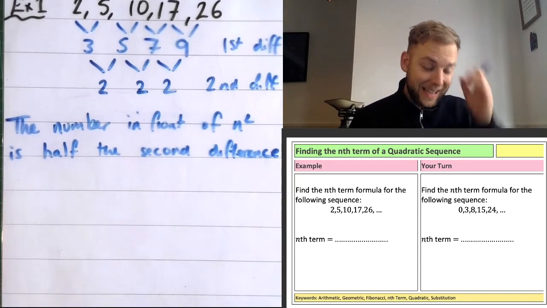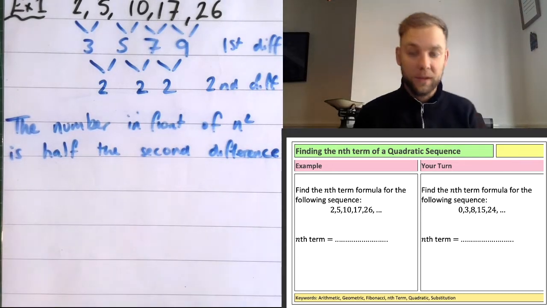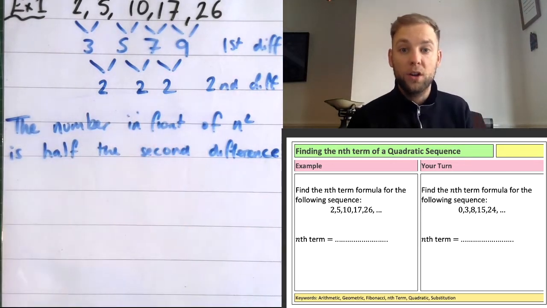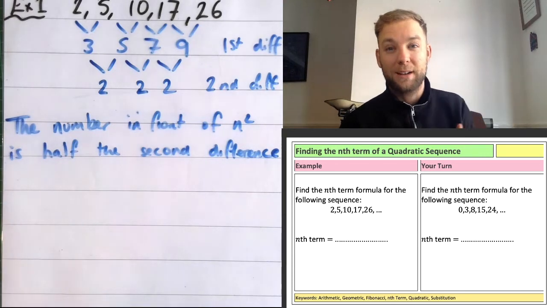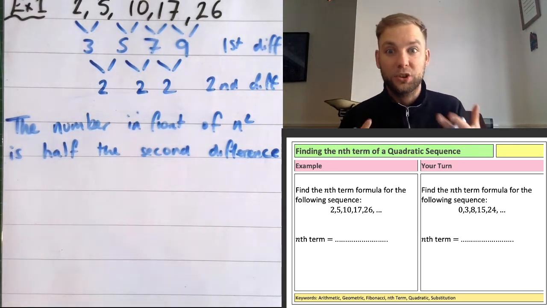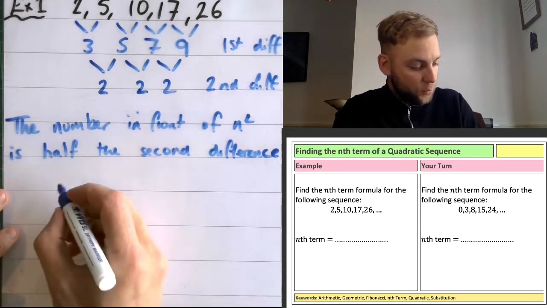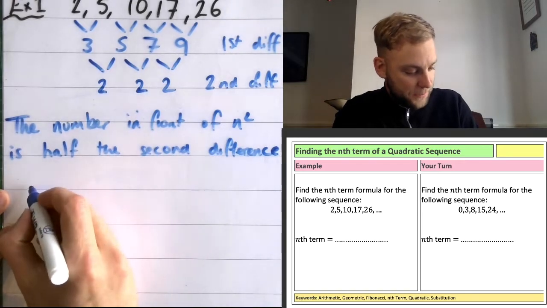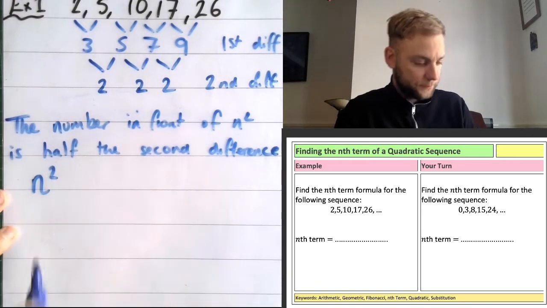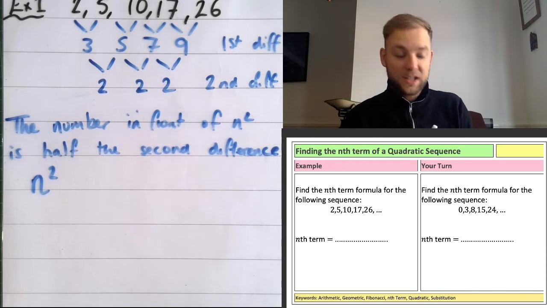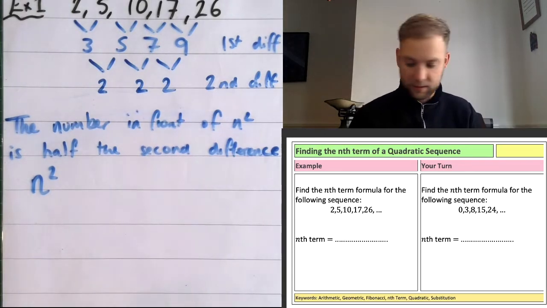So in this case, half of 2 is 1, so it's going to be 1n squared. I don't write the 1 in front of things, so straight away I know that it's going to be n squared plus something else.